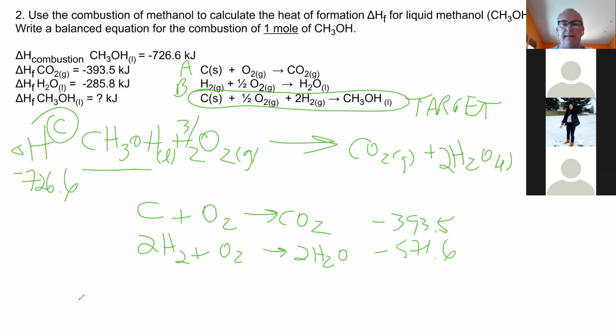I'm going to leave the oxygen till the end because there's oxygen all over the place. So I have my carbon, I've got my hydrogen. So let's do methanol. I need methanol as a product. So where am I going to find that?